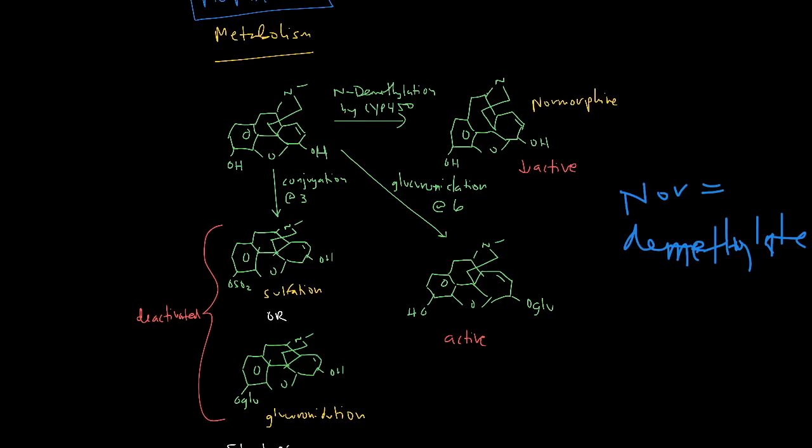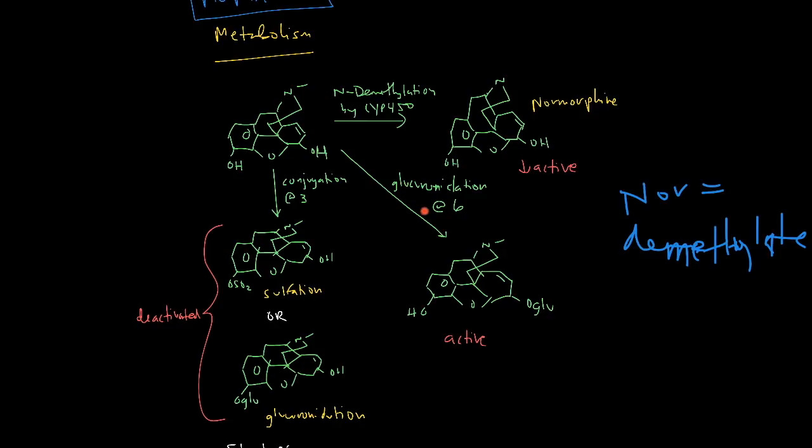Remember, I said earlier that blocking the 3 position reduces activity, because the receptor actually prefers the OH at the 3 position. So if you block it by adding a sulfate group or a glucuronidated group, you actually deactivate the compound.